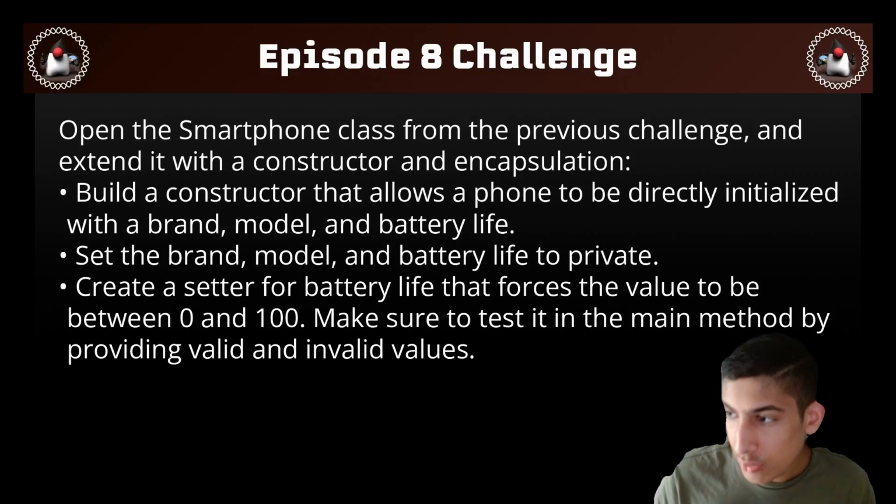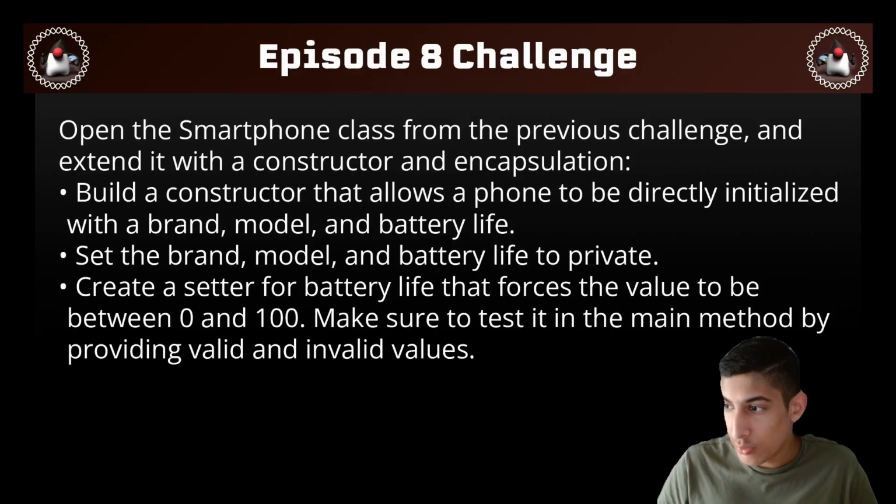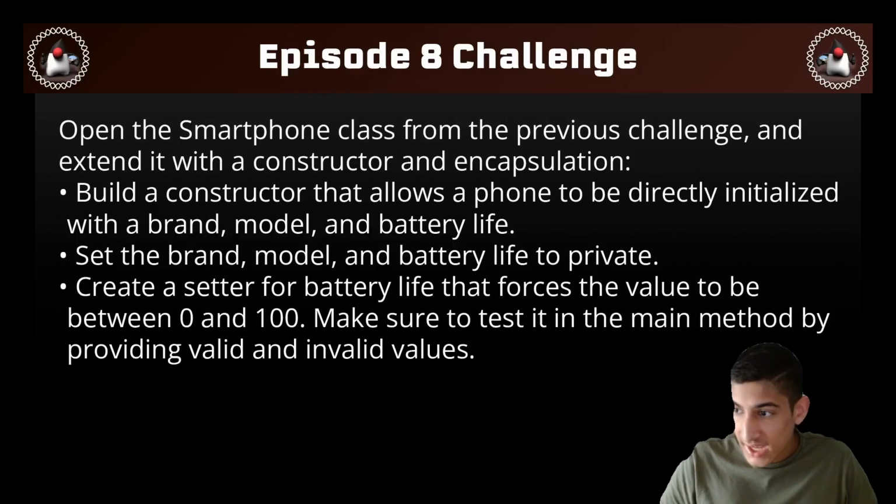So now let's go over the homework challenge for episode 8. What you want to do is take that smartphone class that we built earlier for the previous episode 7 challenge, and extend it by firstly building a constructor that allows the phone to be directly initialized with its fields of information, the brand, model, and battery life.